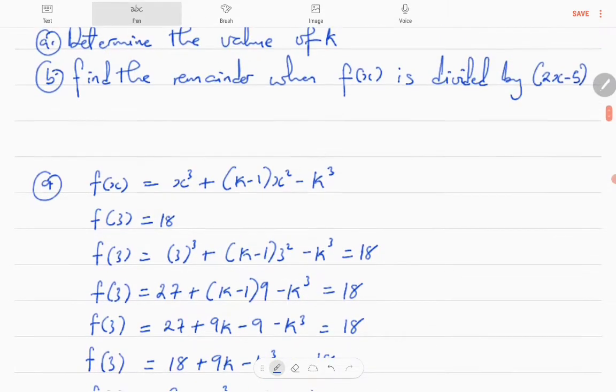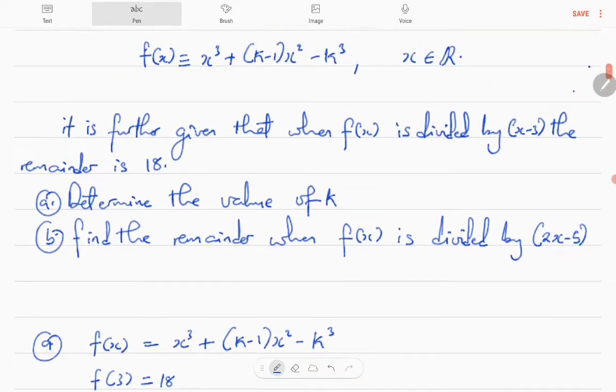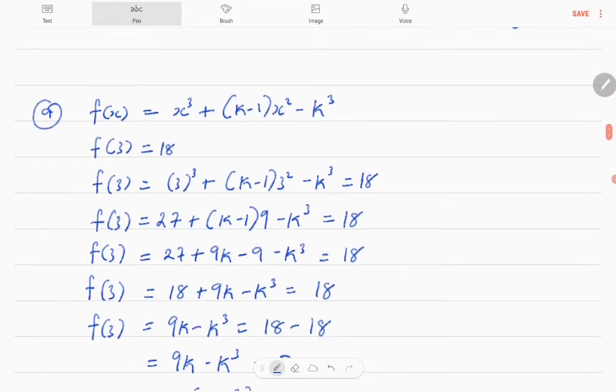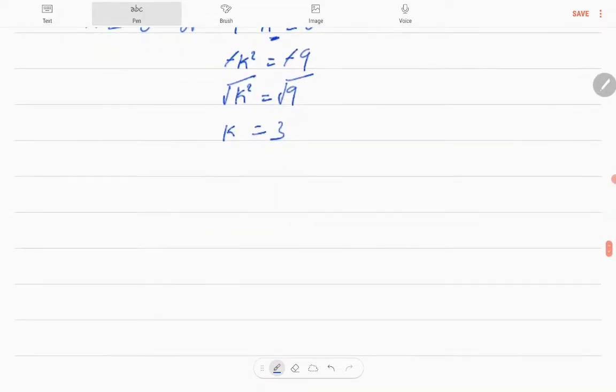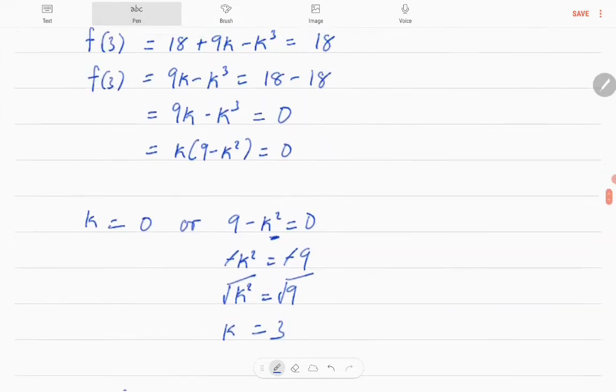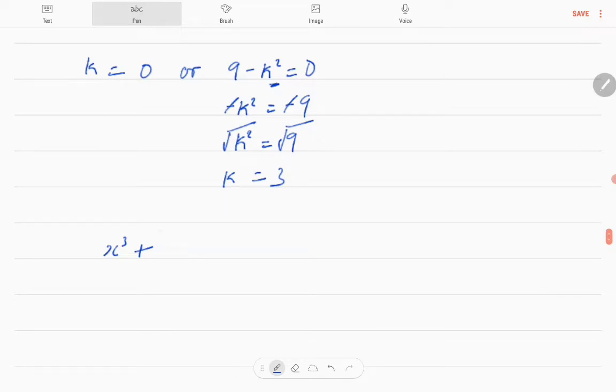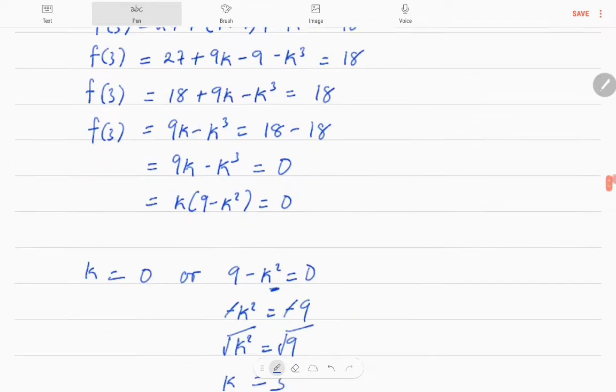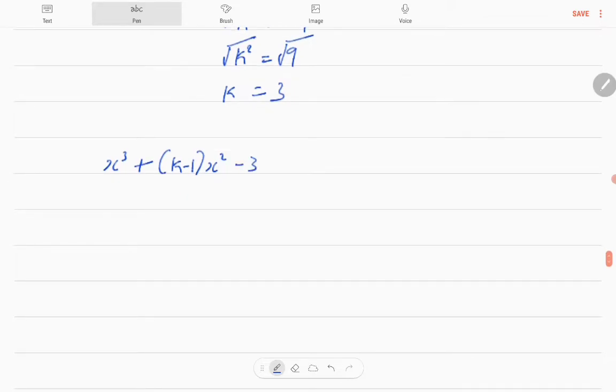Before I find the remainder, I have to go back to the cubic function, x³ + (k − 1)x² − k³, where k equals 3.